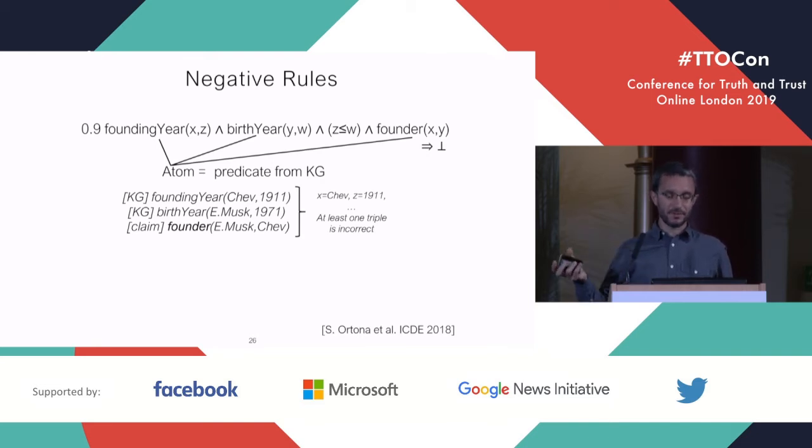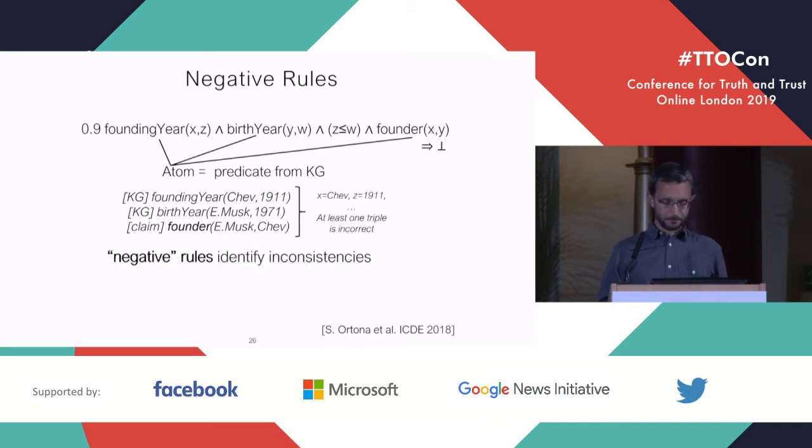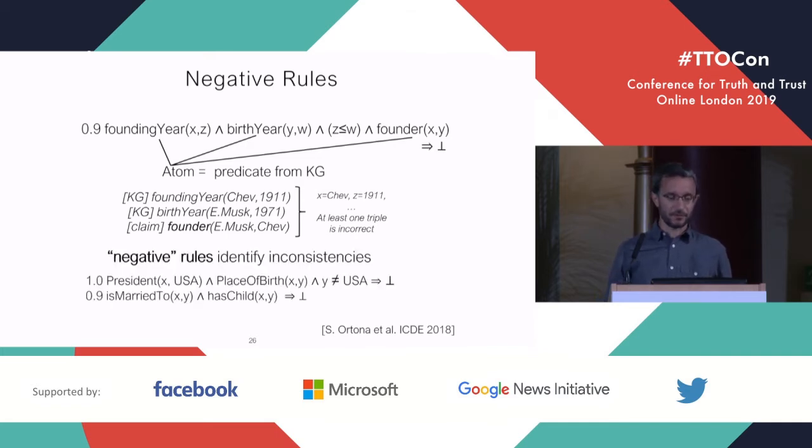So what we found is that the evidence coming from the knowledge base, together with the claim that I'm checking, all together there is a contradiction. Okay, so at least one triple in this set must be incorrect. So our system will take this piece of information with a confidence of 0.9 to take the decision. Okay? So we call them negative rules because they identify inconsistencies.